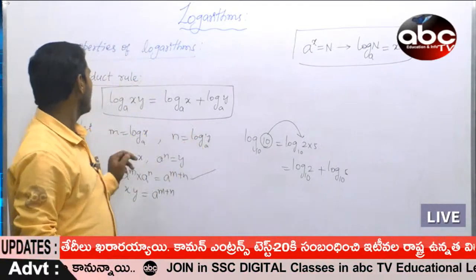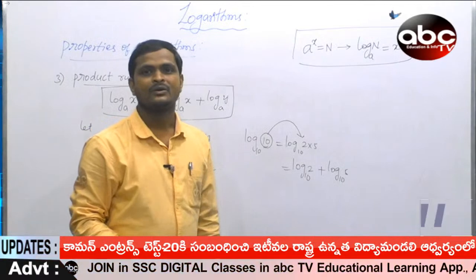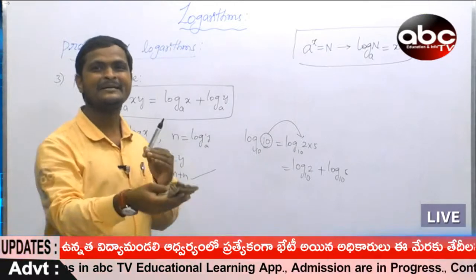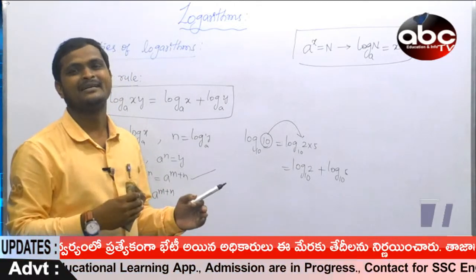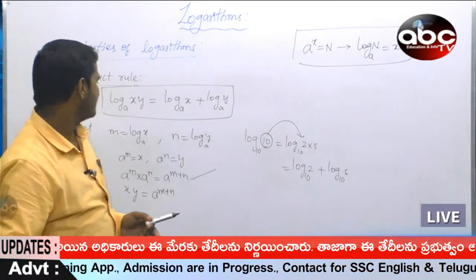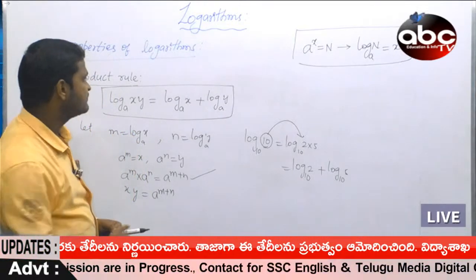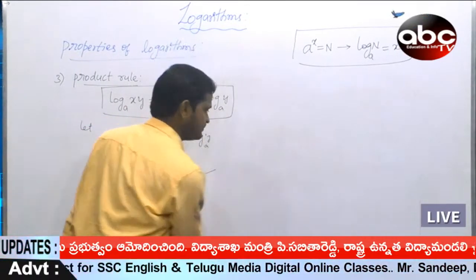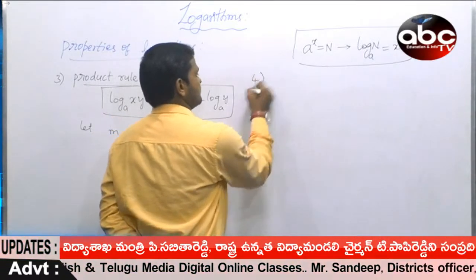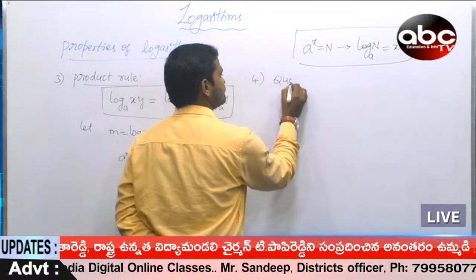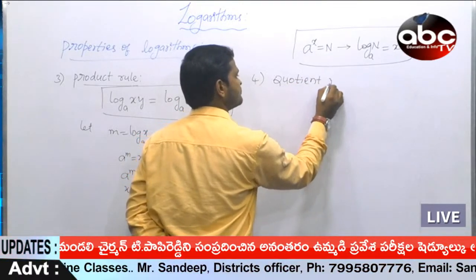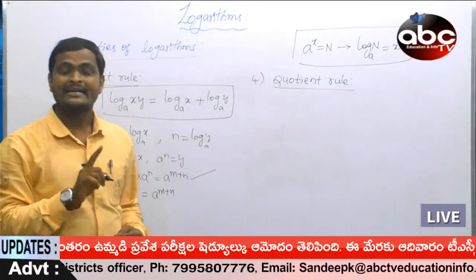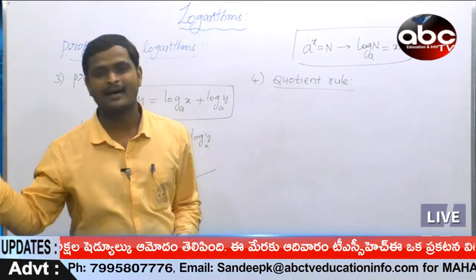Okay, now the next, fourth property, is the quotient rule. It is product rule, then quotient rule. Quotient is nothing but numerator and denominator, p by q form, right? Okay students, product of logarithms is equal to sum of logarithms.